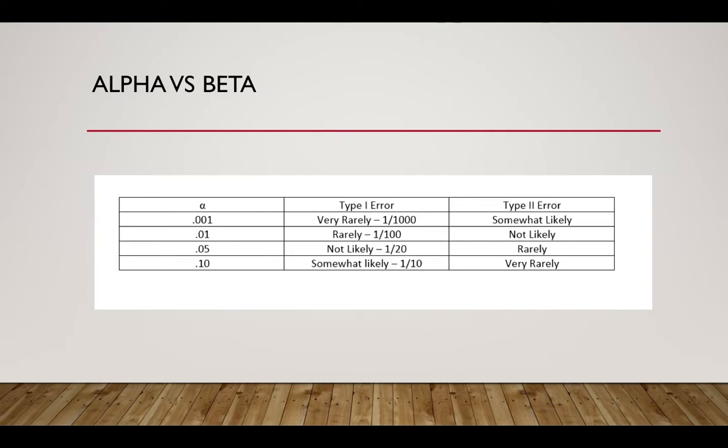However, that opens the door for committing more type 2 errors. If you set alpha on the other end of the spectrum at 0.10, then the probability of committing a type 1 error is 1/10, but you would very rarely commit a type 2 error.